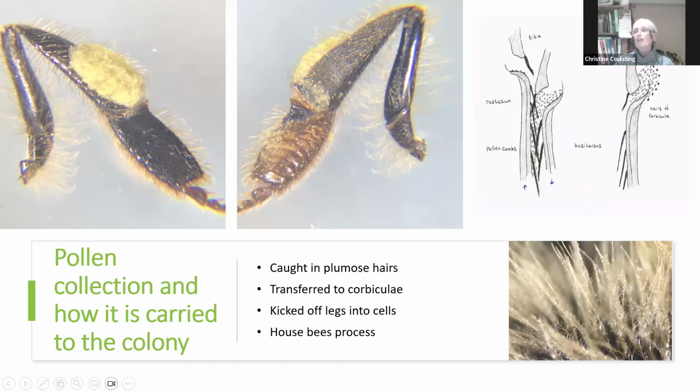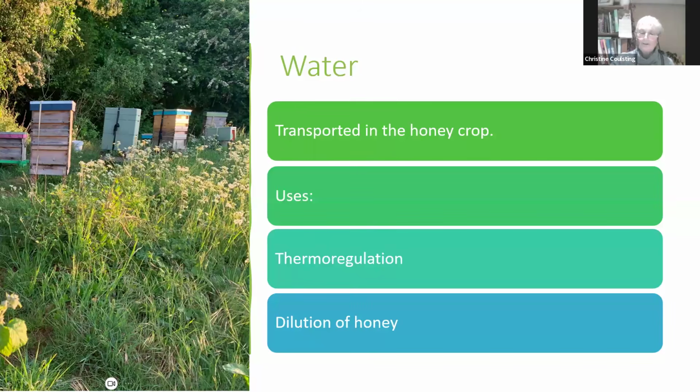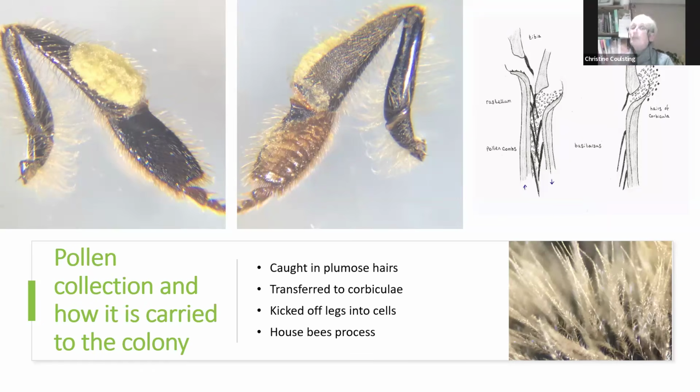And then this is the corbicula up on the right-hand side in the corner. They do that close to the flower. They will actually do it in flight.